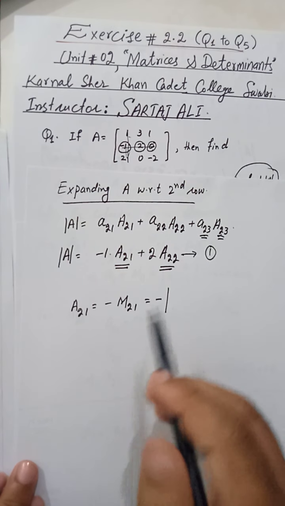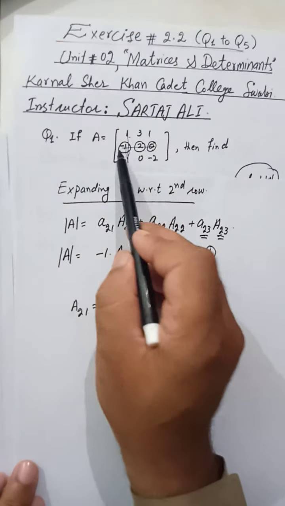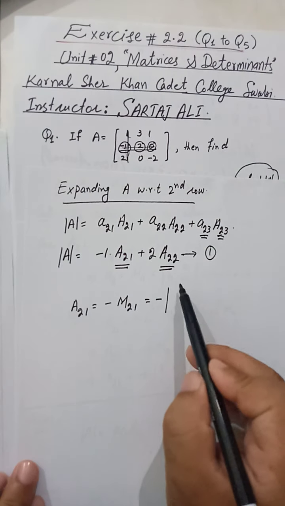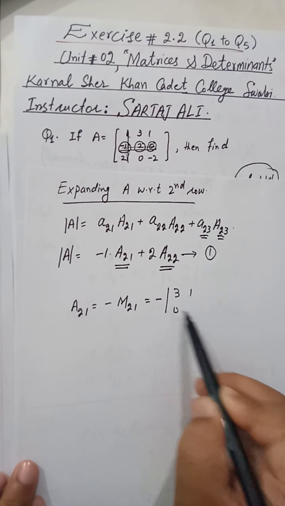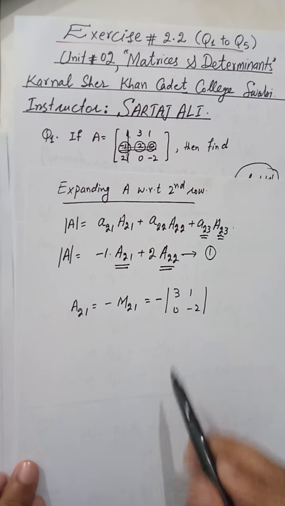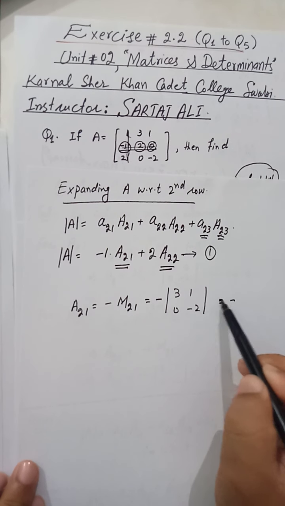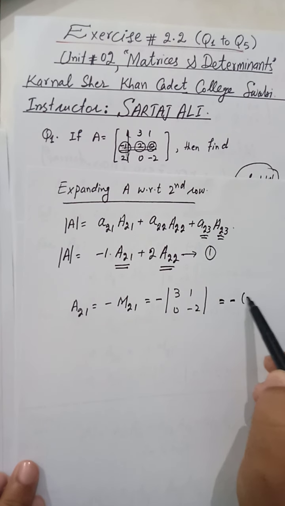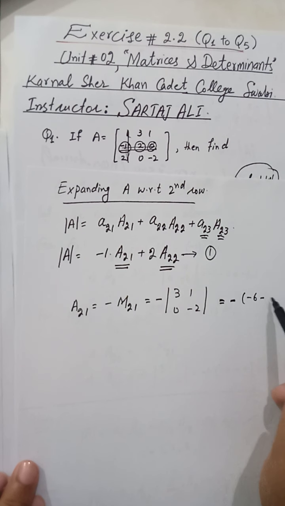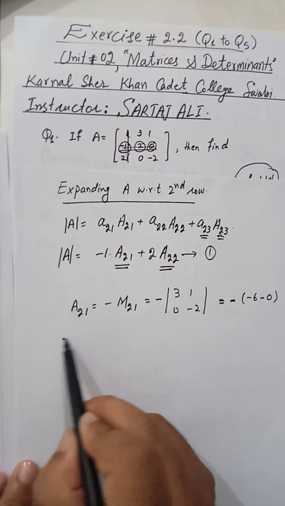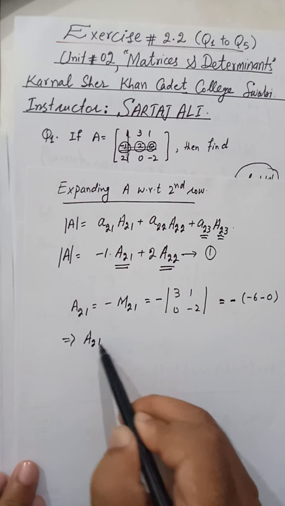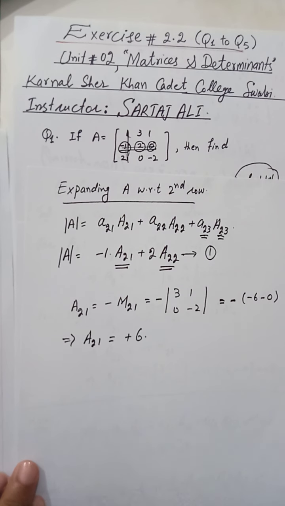M21 is obtained by cancelling out the second row and first column, and the rest of the matrix is written in determinant form. Multiply the diagonal elements minus the non-diagonal elements, and from here you get A21 equal to plus 6.